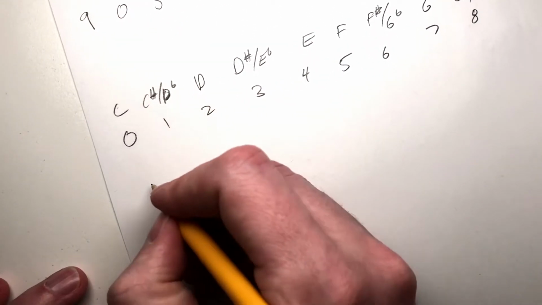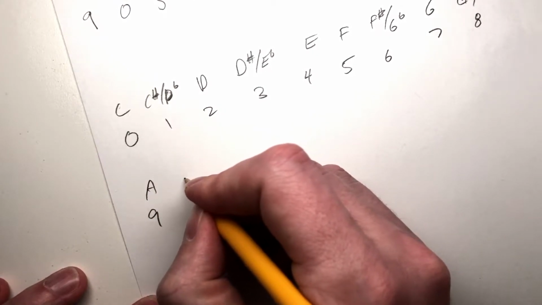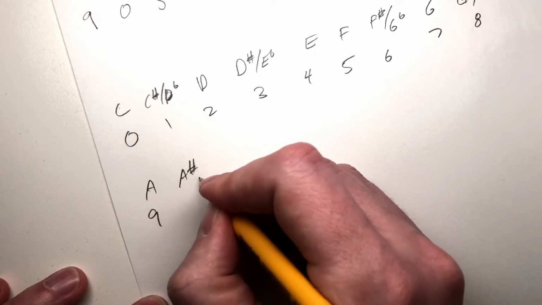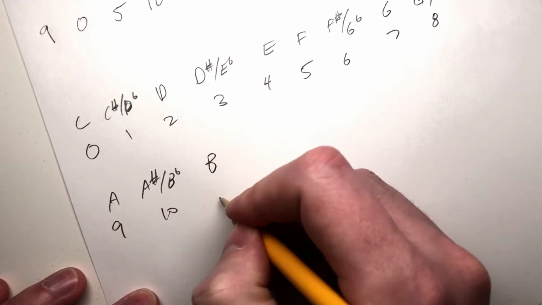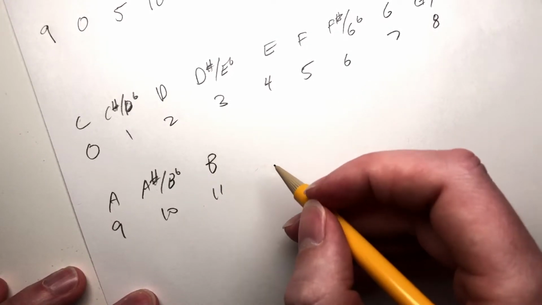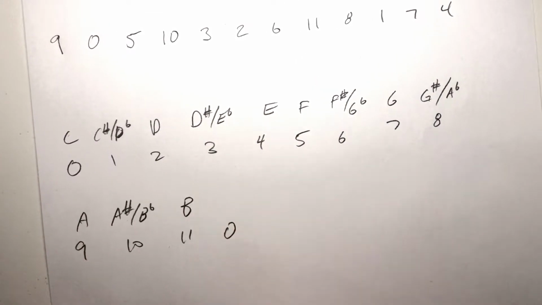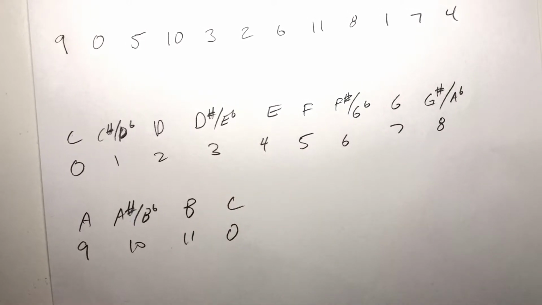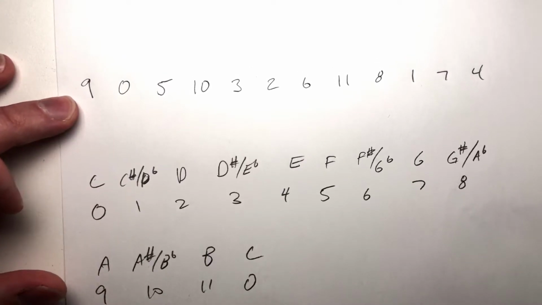Guess I ran out of room. A sharp or B flat is 10, and B is 11. If you were to keep going, you would go to 12, and it would be C, but we always keep it in a mod 12 system, which means our numbers are 0 to 11 always, so you would just be back to 0 after that as C. Now we can assign these to our row.